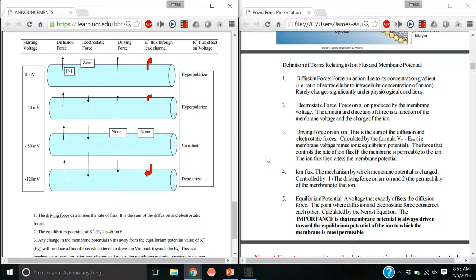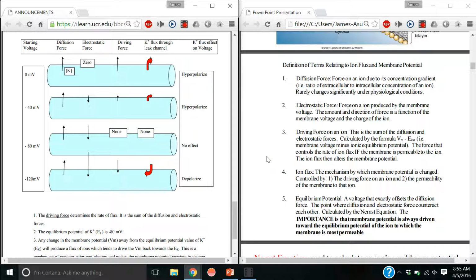So that leads to the next example, the one below. We'll look at a more negative value. Minus 40 millivolts. I just chose that value, not completely randomly, but you would have no reason to know why I did, so take it on faith. The diffusional force is essentially unchanged.